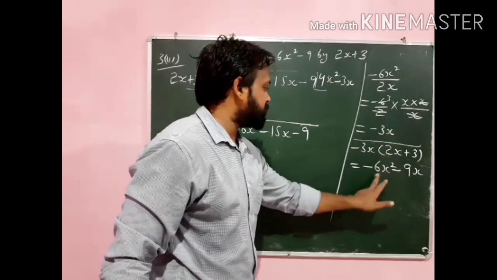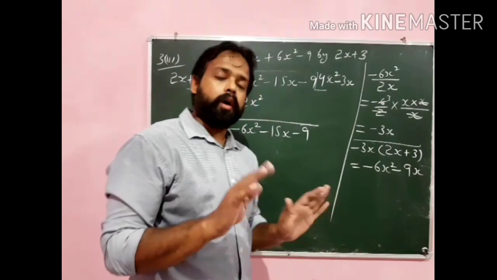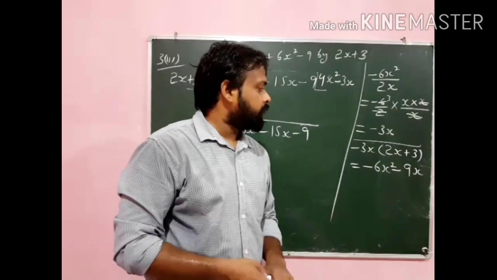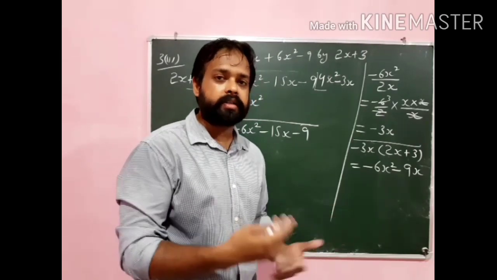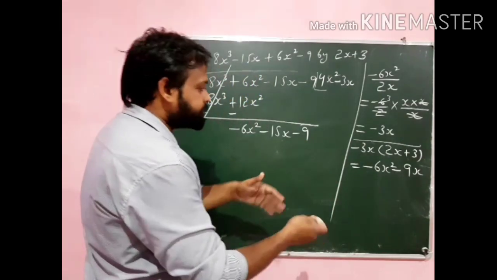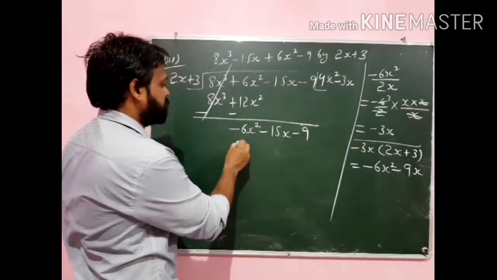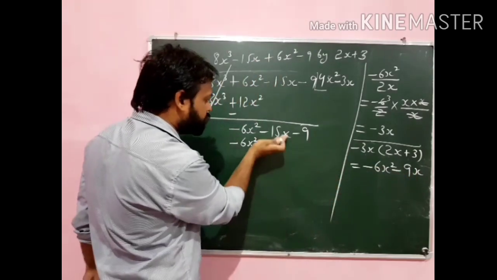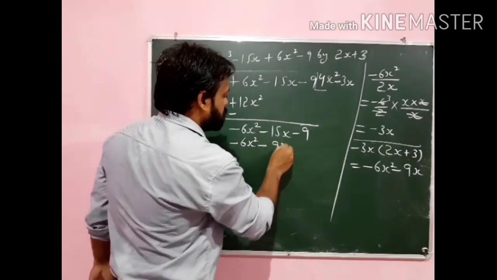Always keep this in mind: when we are solving these sums, we generally make mistakes with plus and minus, so we have to solve the sums carefully. Now write this value under this: it will become minus 6x square, and of course this is 9x, written under 15x, so it will become minus 9x.